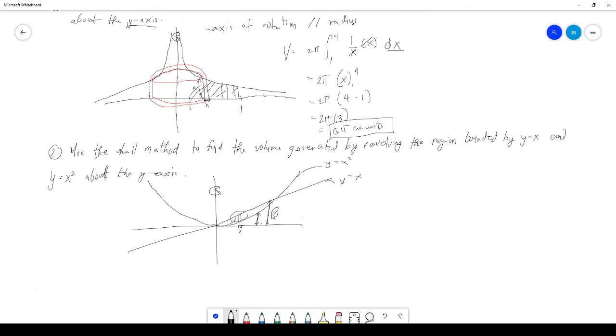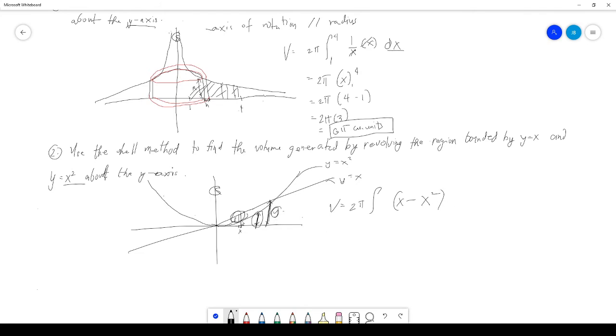This is y, which is equal to x. So let's write that in formula form. So that is x minus this one, which is another function, that's x squared. Okay, so again, this minus this is the radius here inside the curve, the two functions. So that is our radius.